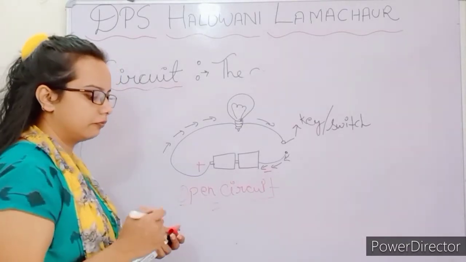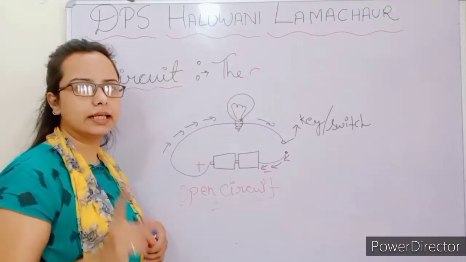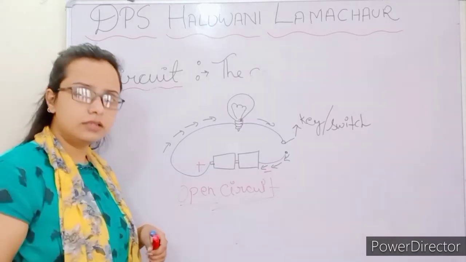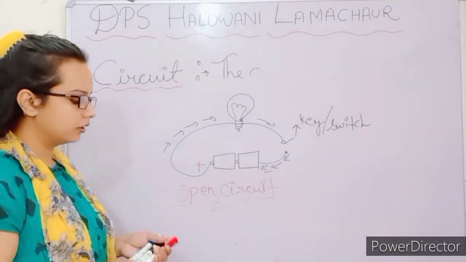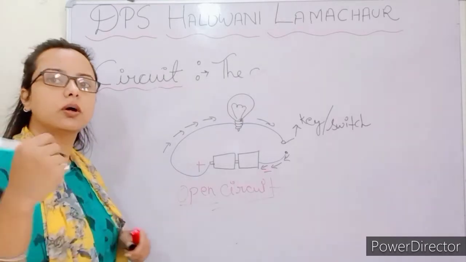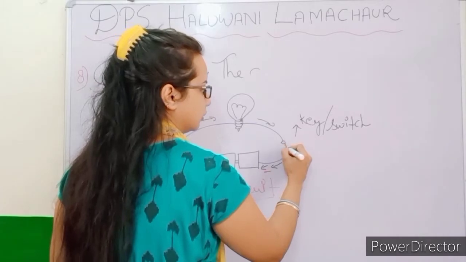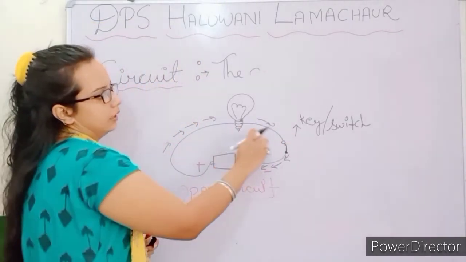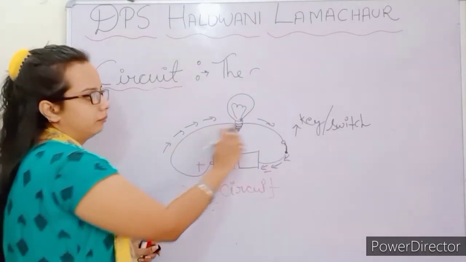In an open circuit the current never flows, and the bulb or any electrical things do not work. So when we switch on, this key gets closed, and then the current starts flowing through the complete circuit.